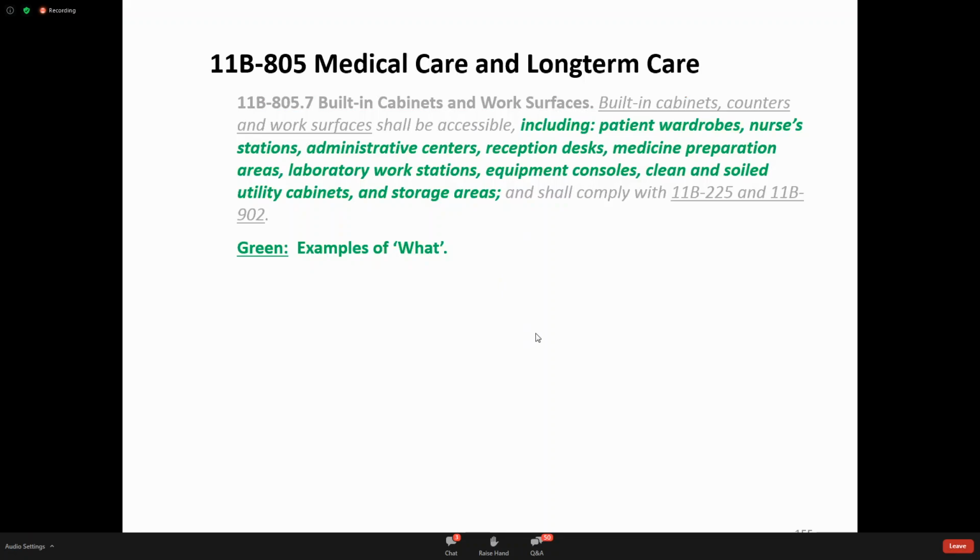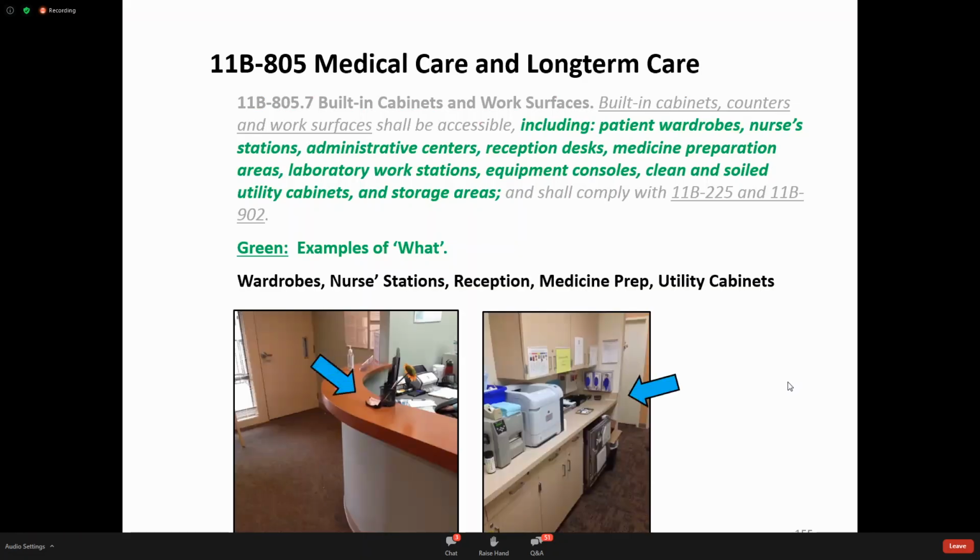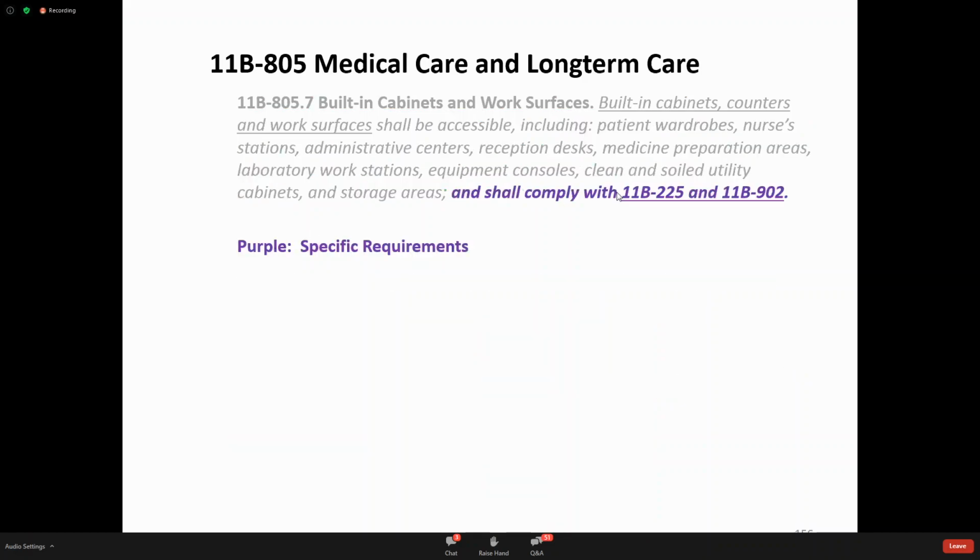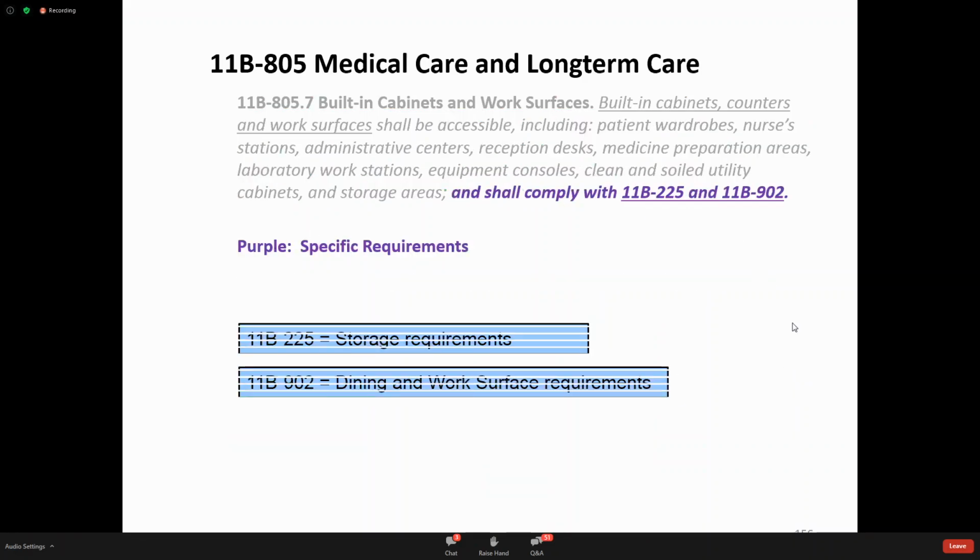So while the code giveth earlier that employee workstations can receive some exemptions, these specific things, the built-in cabinets, counters, and work surfaces, nonetheless must be made accessible. And then the specific requirements of what that is, the purple section here, the 11B 225 and 902, which is the storage and dining and work surface requirements.